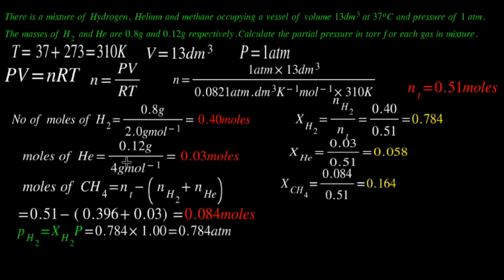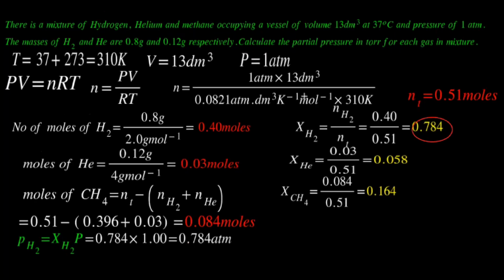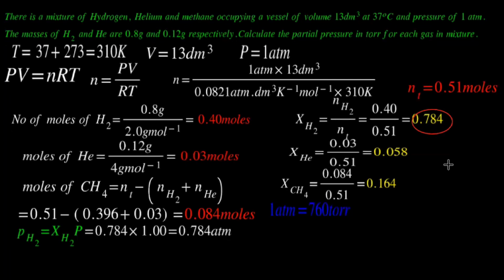Here, the partial pressure of hydrogen would be equal to the mole fraction of hydrogen times the total pressure of the system. It will result in the same 0.784 atmosphere, but the answer is required in torr, and 1 atm is equal to 760 torr. Now multiply 0.784 with 760 torr. It will result in 595.84.